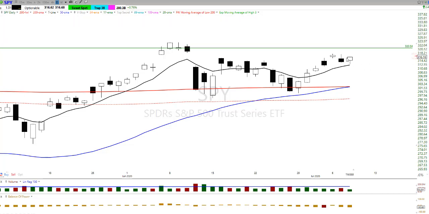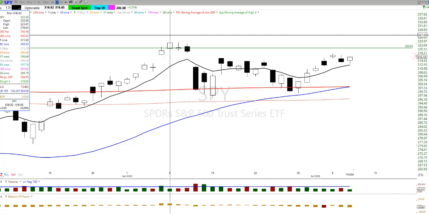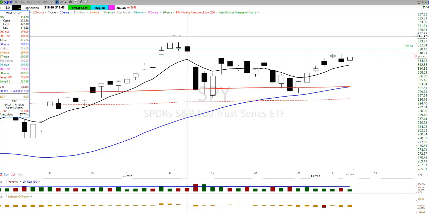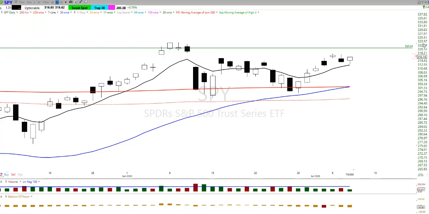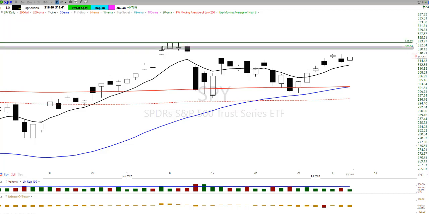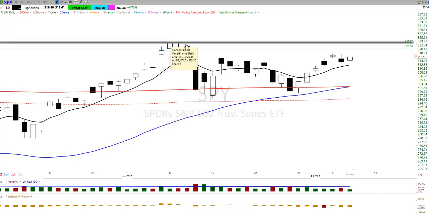We may be headed up to this 320.50 area, kind of get into the insides of this top over here, June 8th, 9th, and 10th. And there's always that possibility of testing the tops up here, maybe a little base out and then a breakout on this chart.